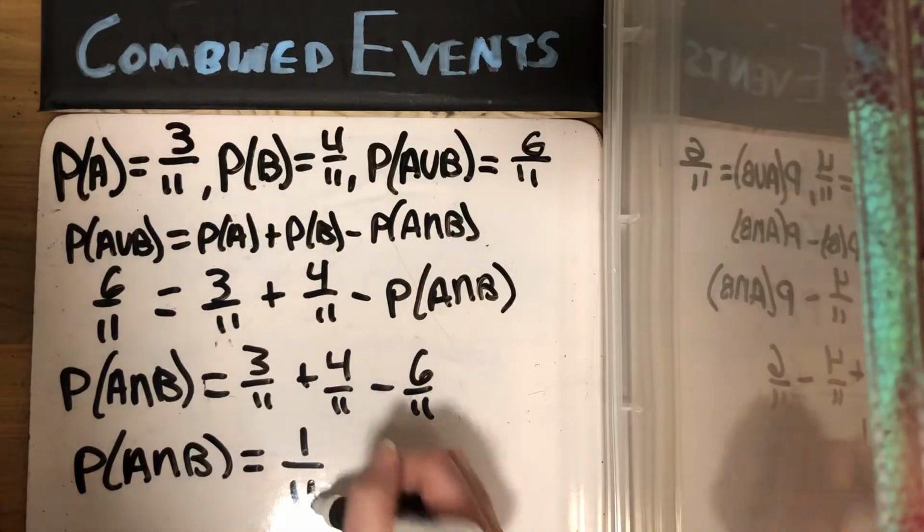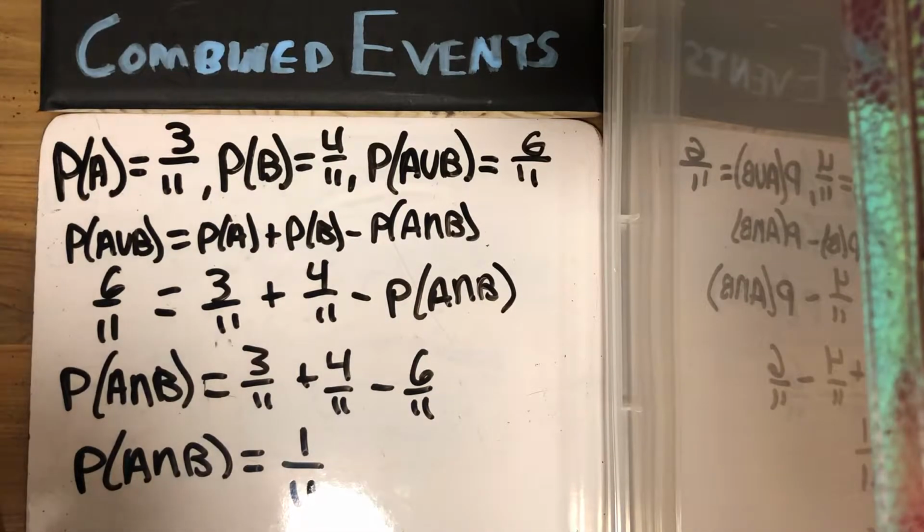So the intersection of A and B will be 1/11.